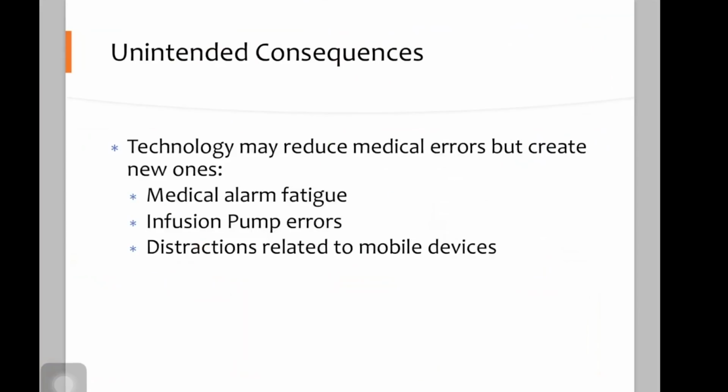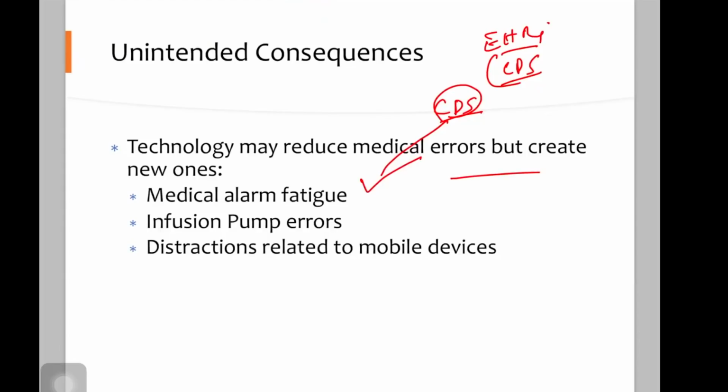Now, as we are using medical technology, like the EHR and the clinical decision support system with several subsystems, the technology may reduce the medical errors but also create issues. We also discussed this in the clinical decision support system chapter and the EHR system chapters. Sometimes the clinical decision support system gives a lot of alerts, and that results in fatigue.